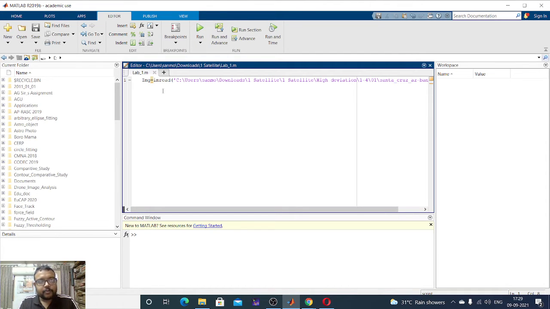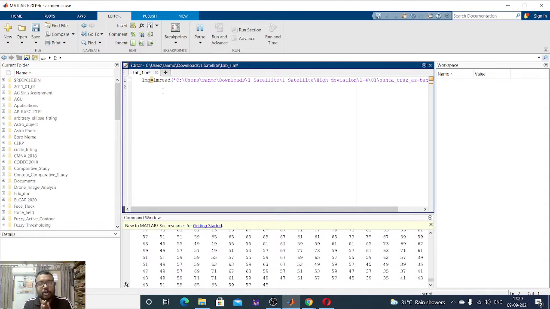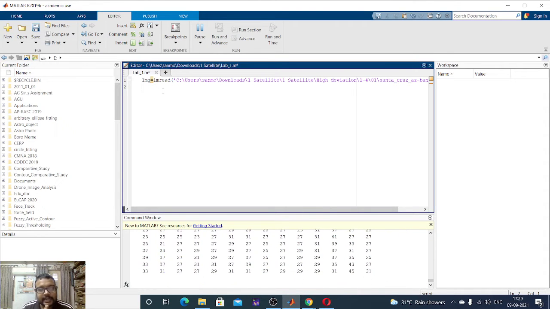Now check whether it has read the image or not. So how to justify whether the image has been read or not? Can anybody tell me?